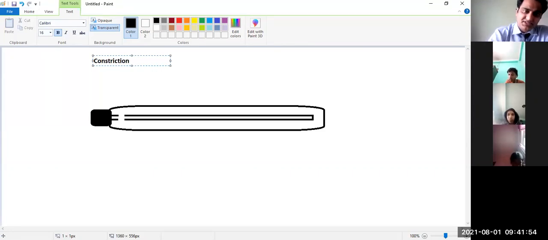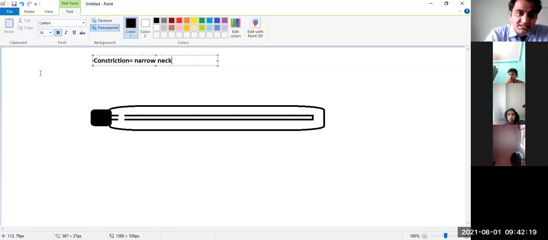You know this constriction? Constriction means furrowing. Furrowing, काटिएको. Narrow neck. We call that narrow neck, or constriction.